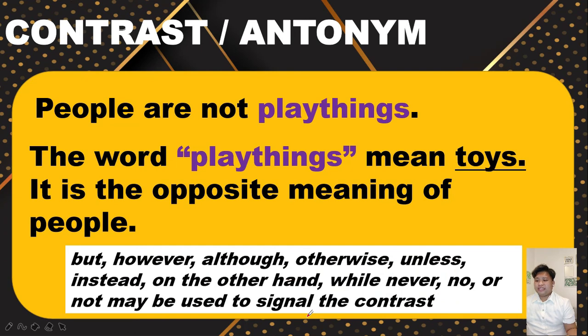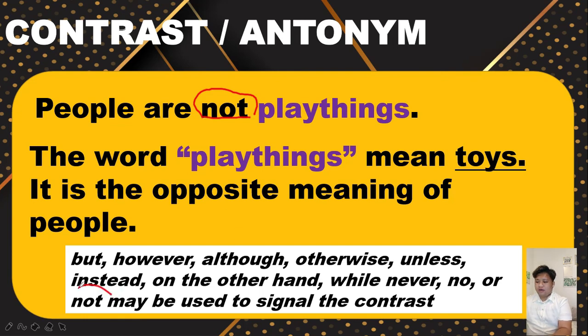So, the clue to this are these words, okay? But, however, although, otherwise, unless, instead, on the other hand, while, never, no, or not, may be used to signal the contrast. Okay? So, tanawa diha na ay not. Diba? So, na gani not, meaning, ang contrast ang imong pangitaon or imong huna-hunaon.